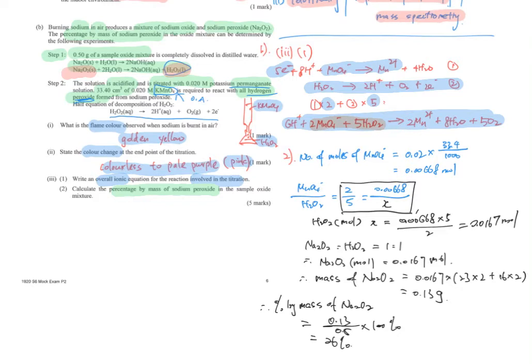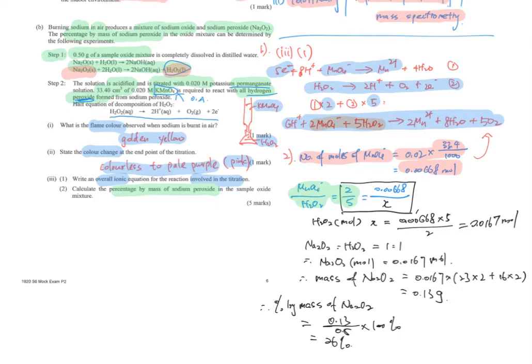So from step 2, information provided, the number of mole of permanganate ion can be calculated, so that number of moles of permanganate ion equals concentration times volume. And from this equation, we know that permanganate to hydrogen peroxide, the mole ratio is 2 to 5.